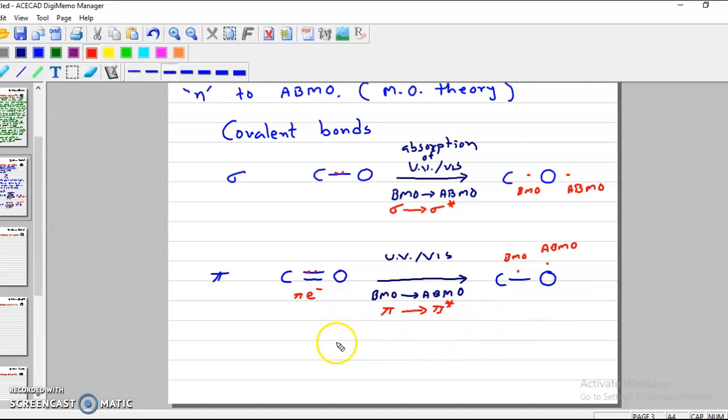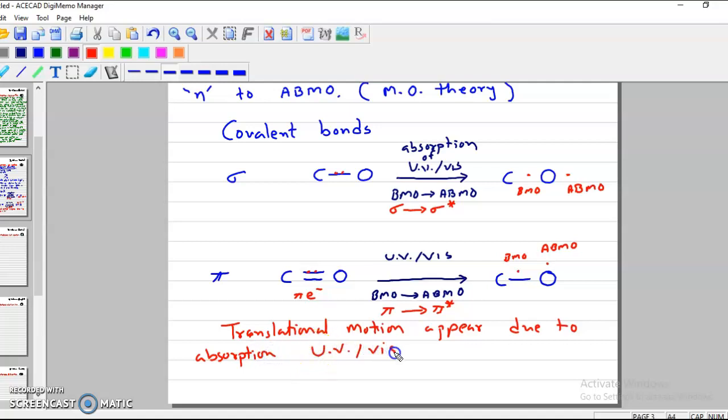So this type of transitions occur due to absorption of ultraviolet visible light.